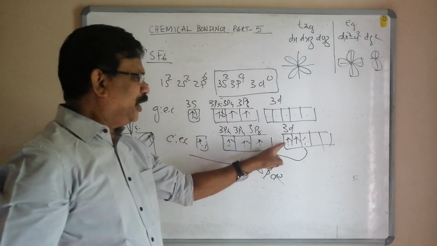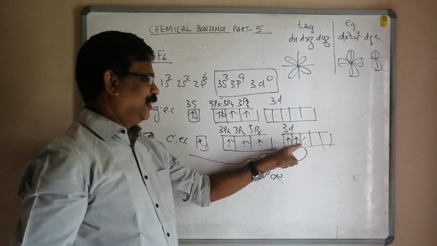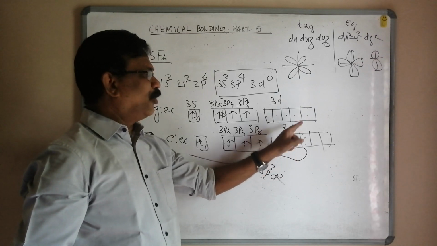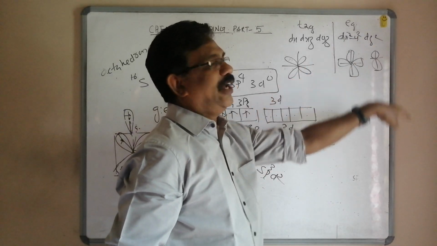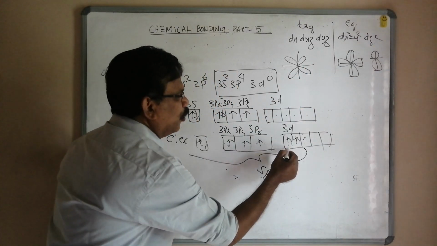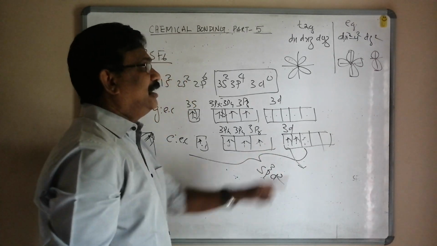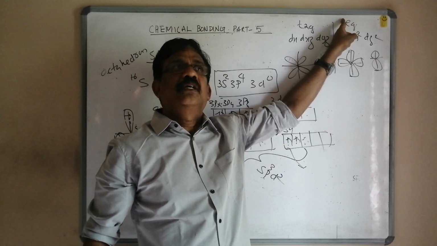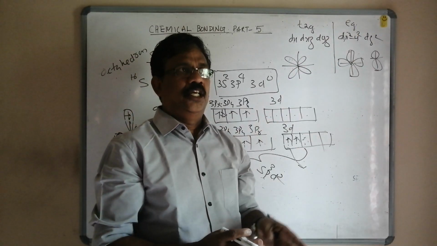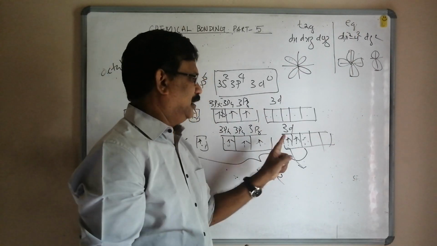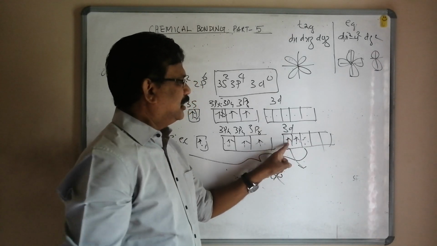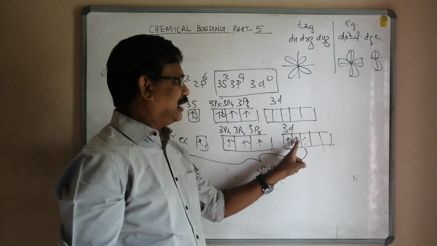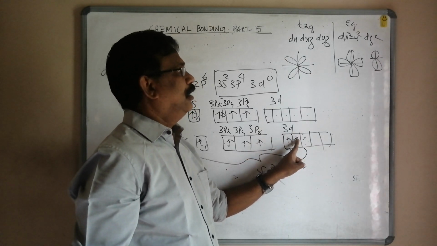So here 2d orbitals are involved. 2d means with the same orientation, dx square minus y square and dz square. So the orbitals involved in sp3d2 hybridization are the eg orbitals, with a similar orientation. One is dx square minus y square, and another is dz square orbital.